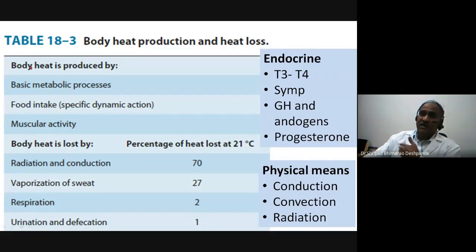So now coming back here, body heat is produced by three primary mechanisms. The first is the basic metabolic process in our body. Even at rest we generate calories, which is necessary for survival. All the cellular functions generate calories, maybe 39 to 40 kilocalories per hour. That is the amount of heat we generate even at rest.